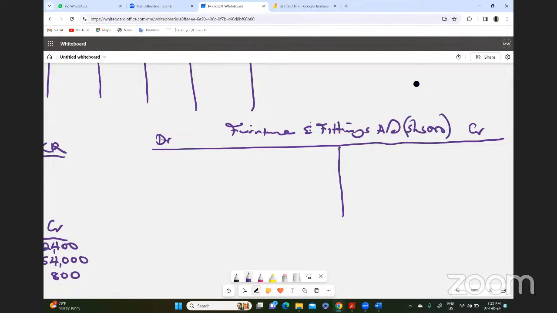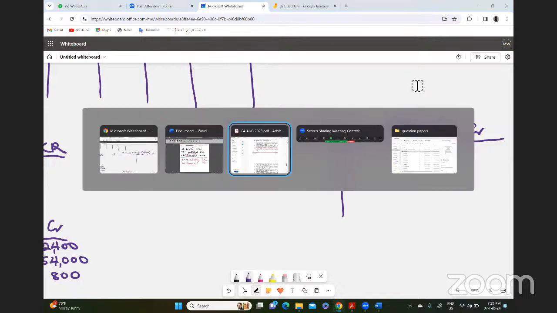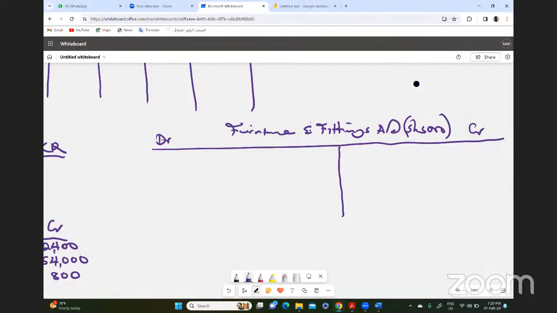this is on second. That is 4.6. So we are using money in the bank. So we are going to have our bank account here, isn't it?